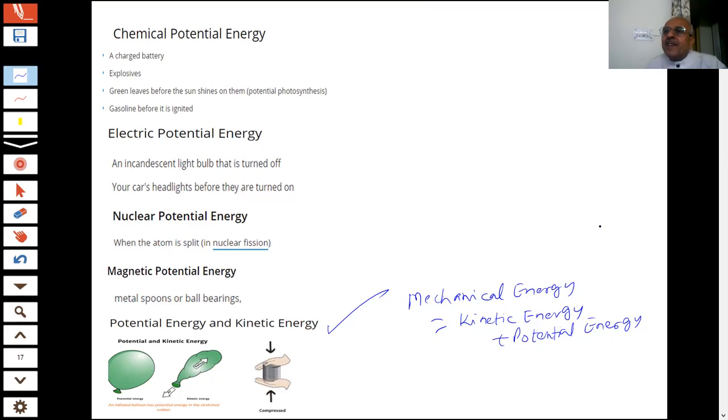Before that, melting doesn't take place. So that is why there was an enthalpy of fusion, and then the solid was melted at a particular point. When there was an equilibrium between solid and liquid, the temperature became constant, students. So that energy was stored between the particles. That was potential energy.